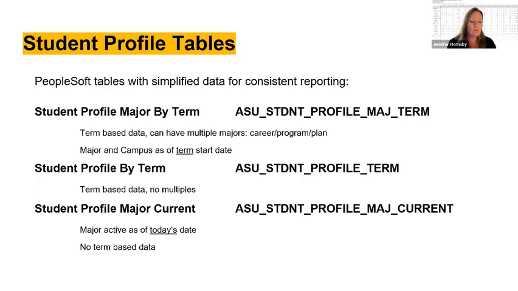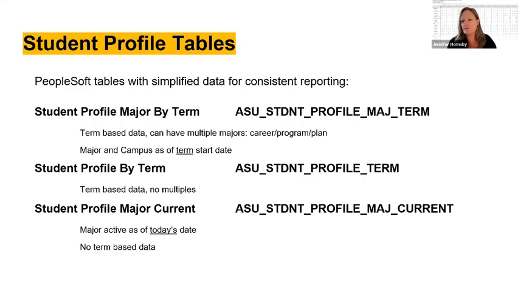The next table is the student profile by term, and this table does not have major in it. It has all of the data that is term-based, and naturally there's only one value per student per term. Some examples of that are academic standing. Like I was saying, probation status is in this table. Even if a student has multiple majors in multiple colleges, they are either on probation or they're not.